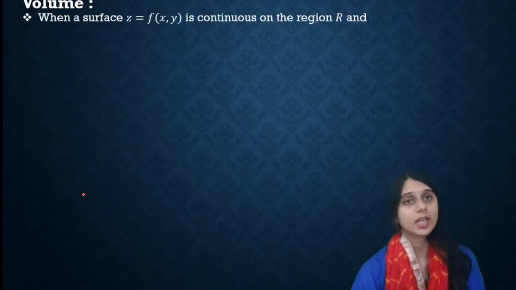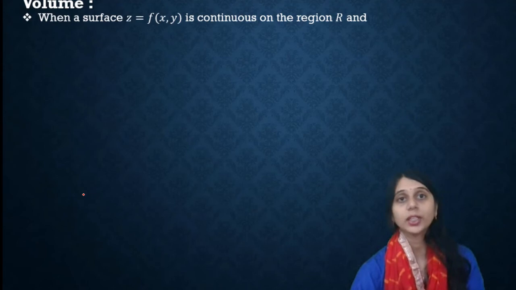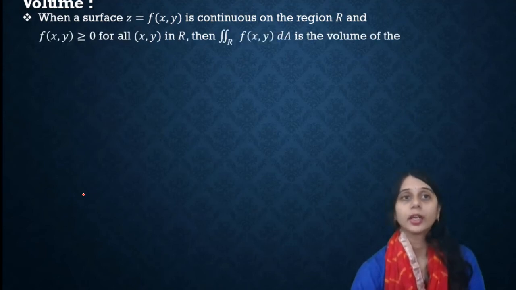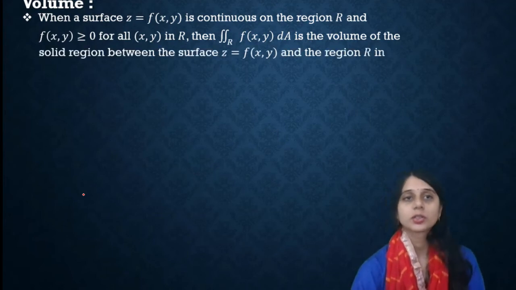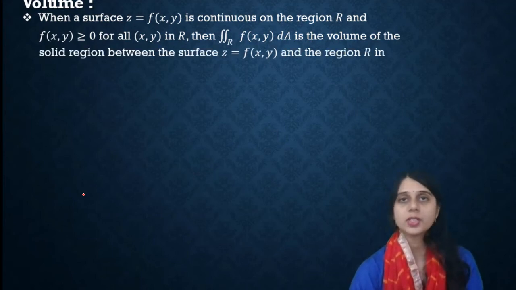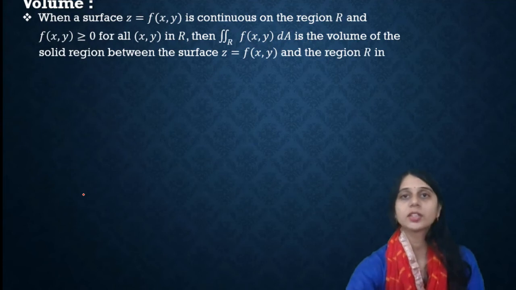Double integral as volume. When the surface z = f(x, y) is continuous on the region R and f(x, y) is greater than or equal to 0 for all (x, y) in R, then the double integral over R of f(x, y) dA is the volume of the solid region between the surface z = f(x, y) and the region R in the xy plane.